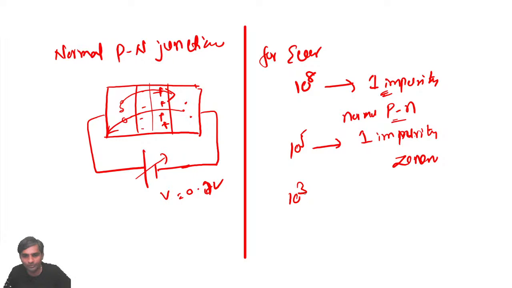For every 10 to the power of 3 atoms, one impurity atom is added. This is called a tunnel diode. We are not calculating it here. We are adding these impurity concentrations.